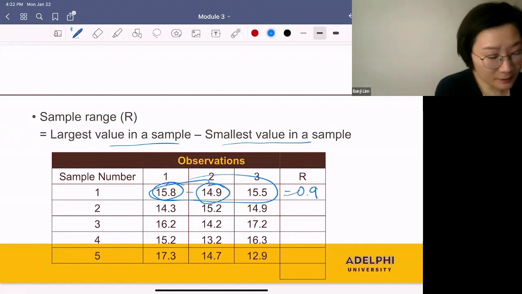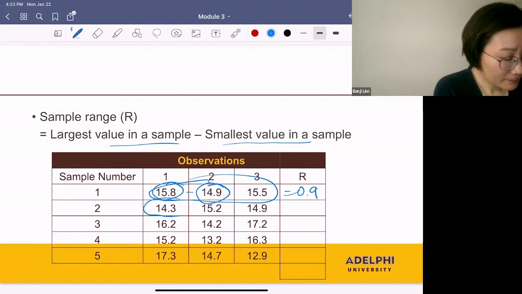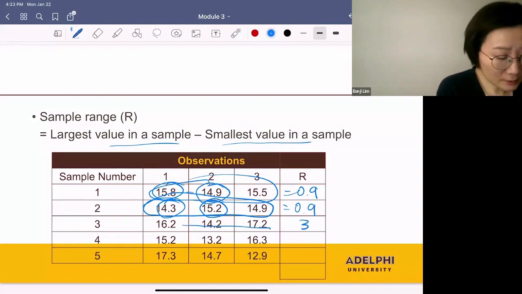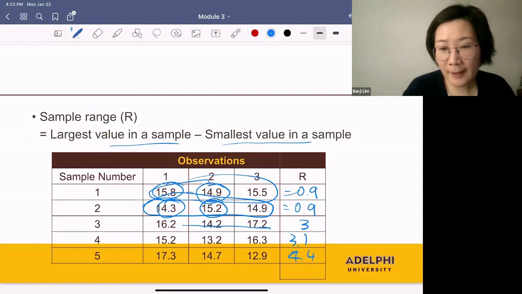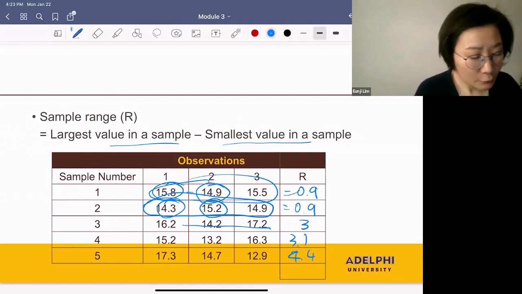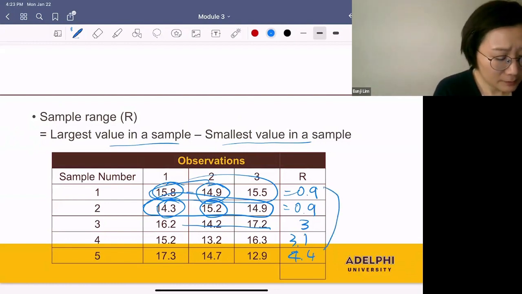And we repeat this in the rest of the samples. In the second sample, the largest value is this and the smallest value is this, and the difference between the two is 0.9. And we repeat this: 3, 3.1, 4.4. And once we have all the R values, we compute the average of them. The average of these is R bar, 2.46.